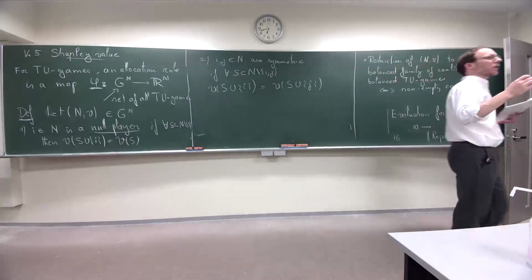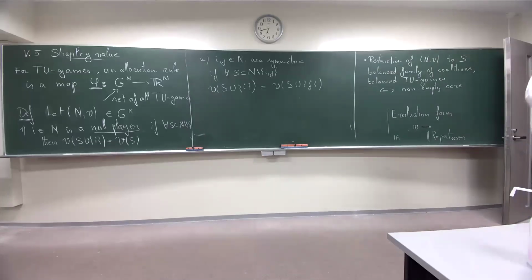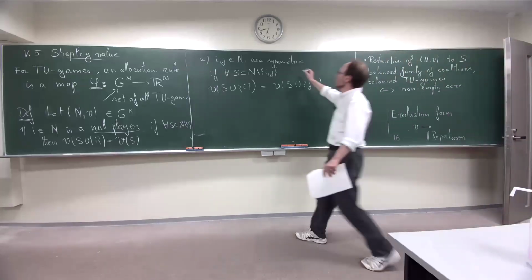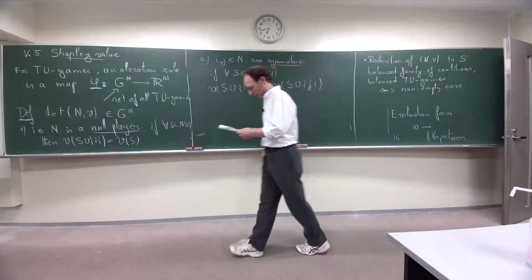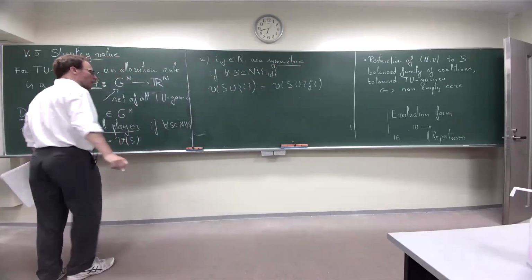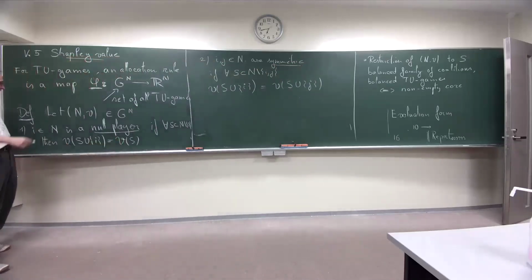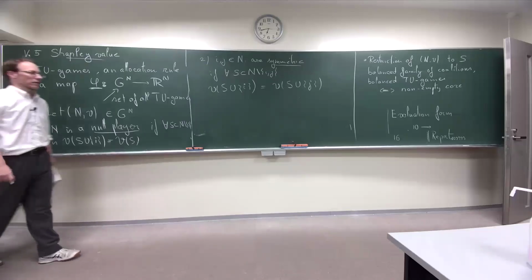So they are symmetric because to any coalition, they bring the same amount of money or the same utility. This is the notion of two symmetric players. Okay, so this is the end of the definition. I defined what a null player is and what a pair of symmetric players is.